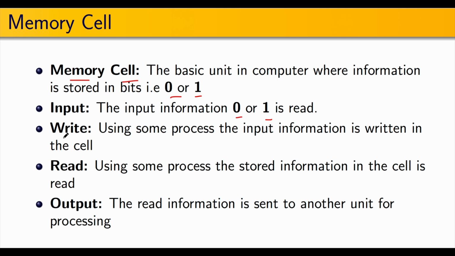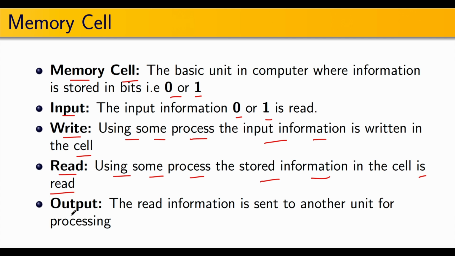And so the input is done. Then we have write. Write means using some process the input information is written in the cell. Read means using some process the stored information that we had written is read from the cell when we require it, and there also has to be a mechanism for that.